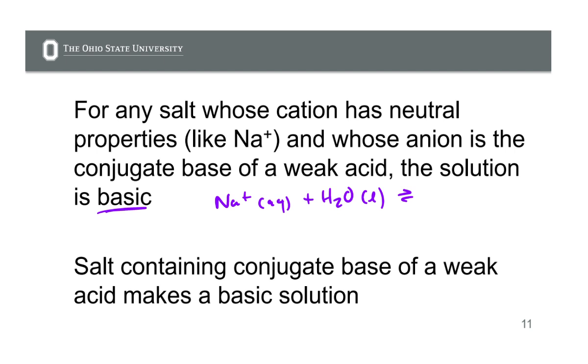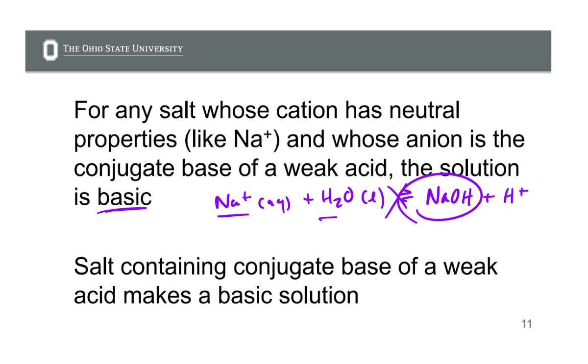We're going to take our cation, add water, and see what we can form. The two things that we could possibly add to the sodium ion are H plus or OH minus, and you can't have a positive plus a positive. So we're going to have the possibility of forming NaOH and H plus. And we know that that is a strong base, so this reaction doesn't happen, just like with the strong acid.